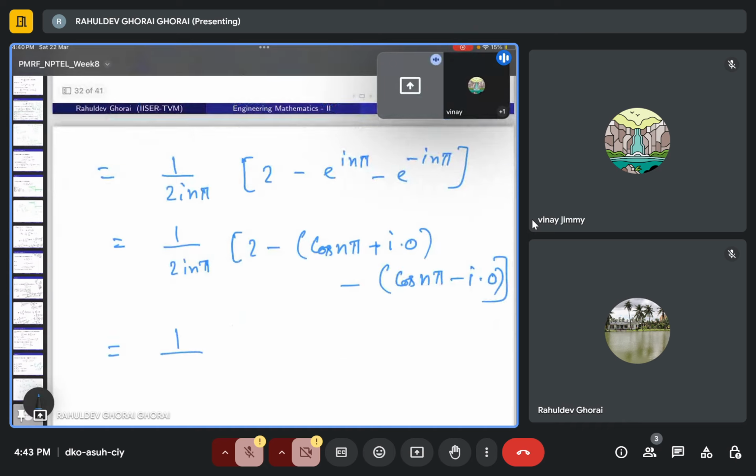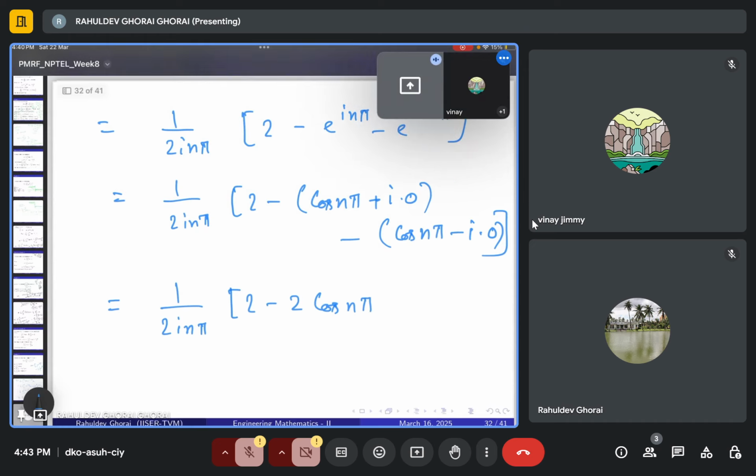That will be 1 over 2 i n pi, 2 minus 2 times cos n pi, that will be 1 minus cos n pi over i n pi.